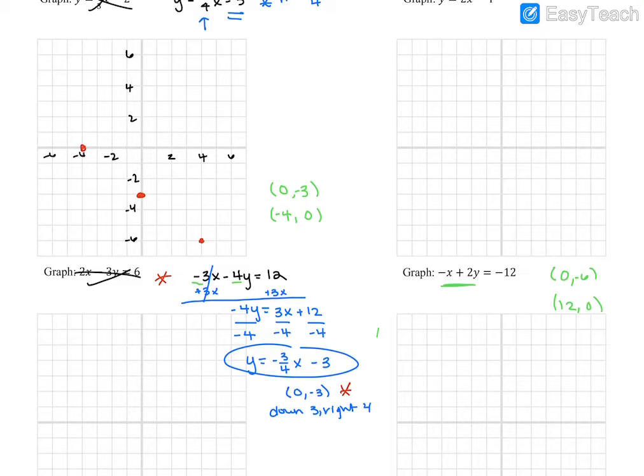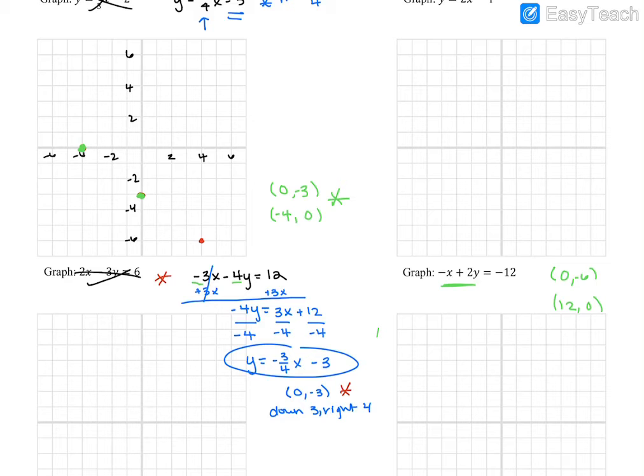Then I want to show you if I would have gone this route, I would have plotted 0, -3, and I would have plotted -4, 0. And then I would see, oh, to get from this point to this point, I'm going down 3, right 4, so I'm just going to continue that pattern and go down 3, right 4 to find more points until I run out of space.